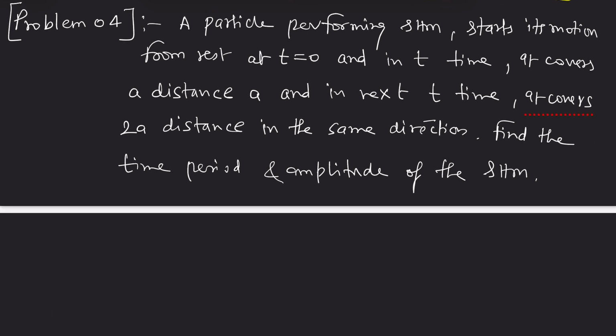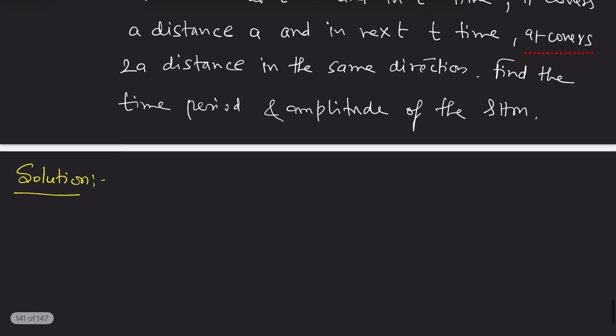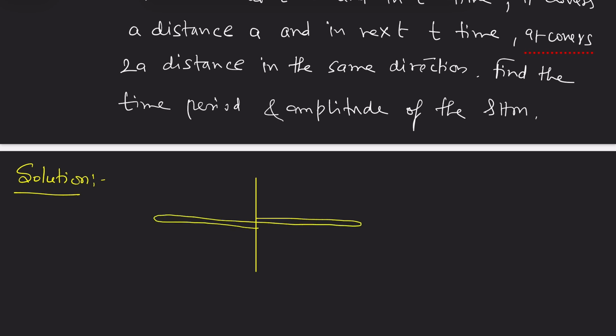Just see. So solution. If you see here, let's say the particle is oscillating about the origin only. Let's say this is your motion, this is your positive amplitude and this is your negative, or basically the positive extreme and the negative extreme.